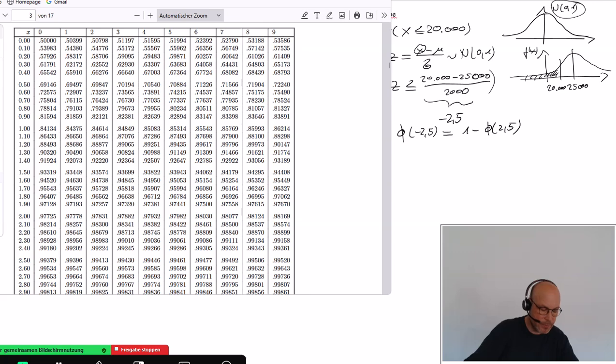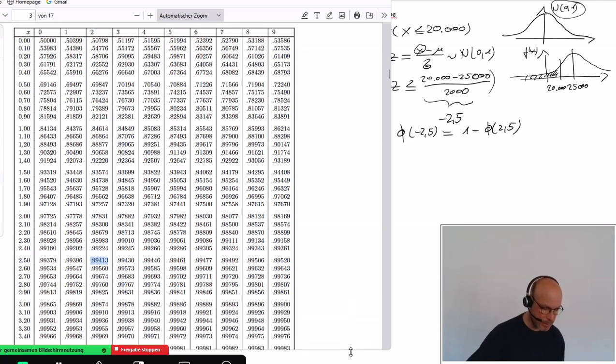So we have 2.5. Going downward here, we need this number, and taking down 1 minus 0.99.